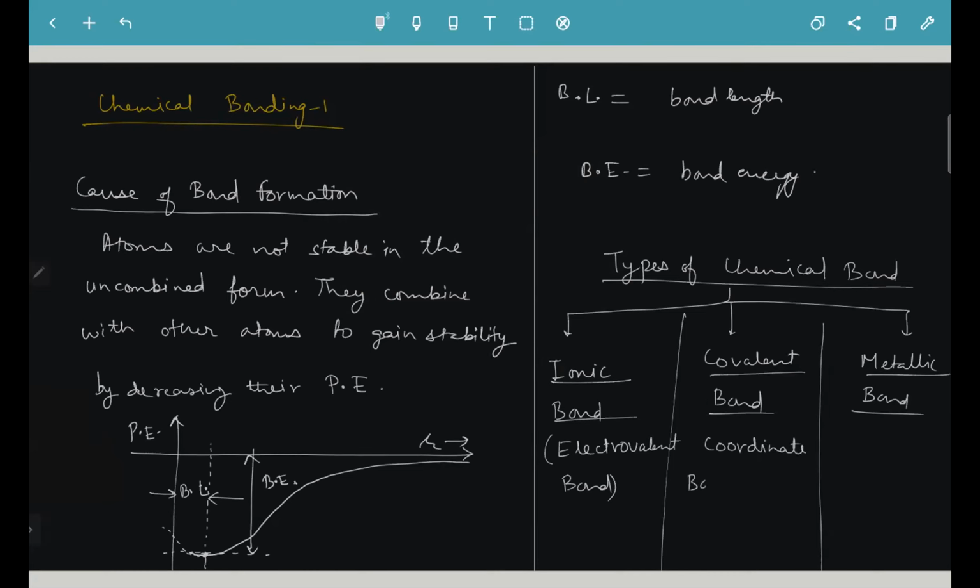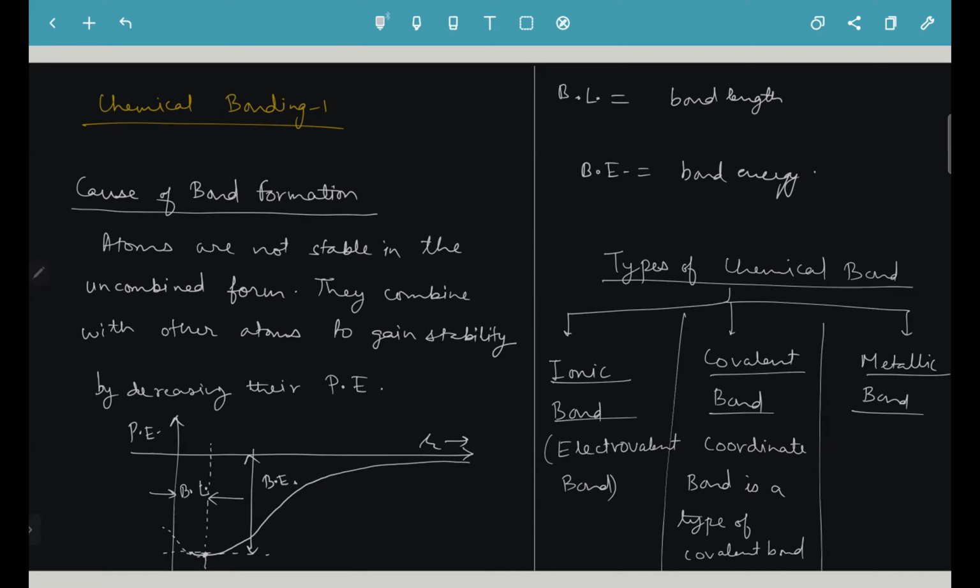Coordinate bond is a covalent bond. So there are three types of chemical bond: ionic bond, covalent bond, and metallic bond.